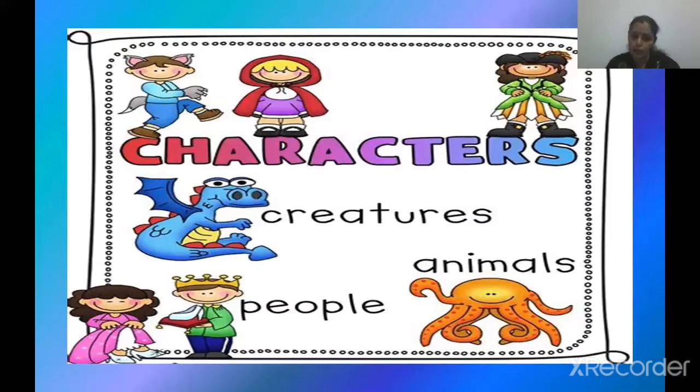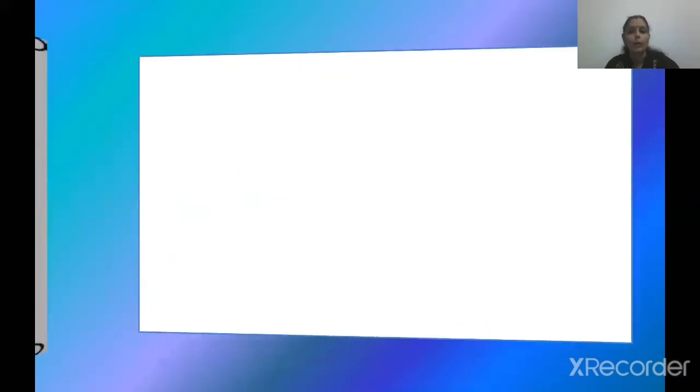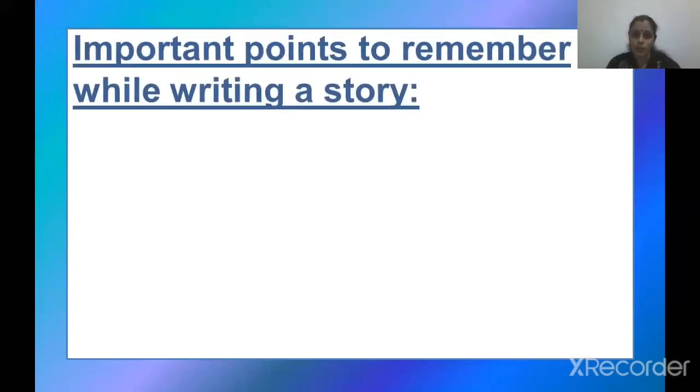It can be human beings like us, creatures, animals, or even non-living things. Now, while writing stories, we need to keep certain points in our mind, right? Some important points that we need to remember while writing a story.